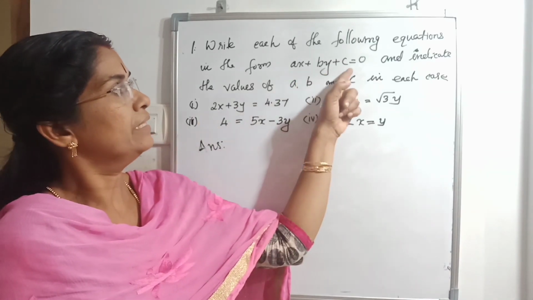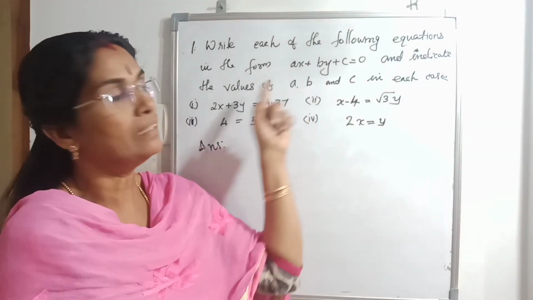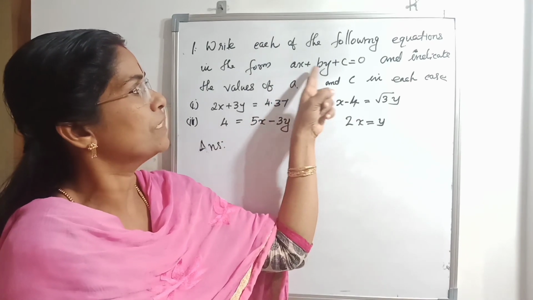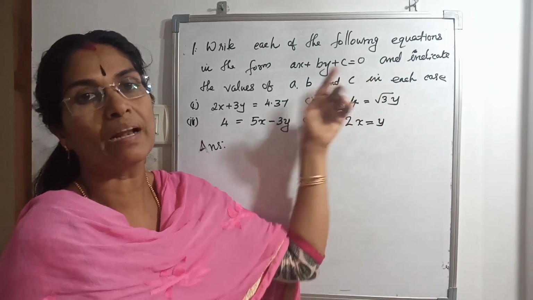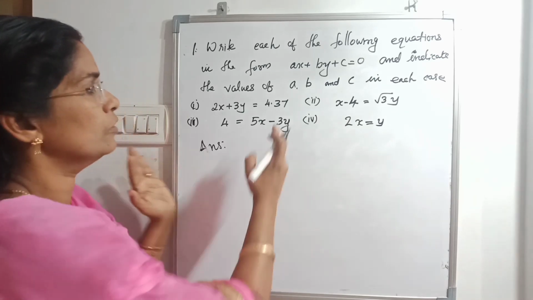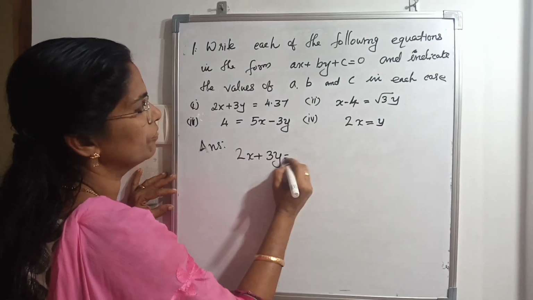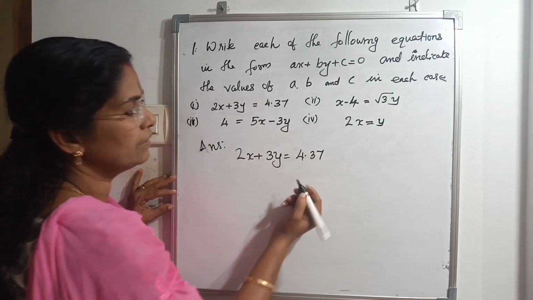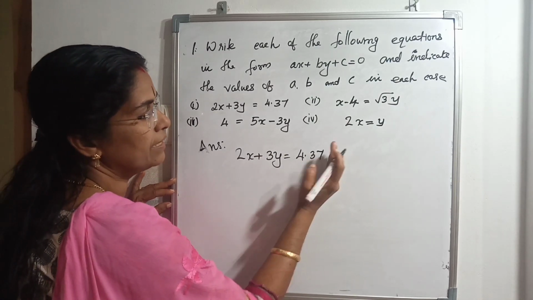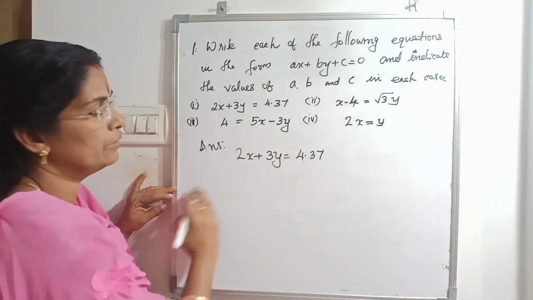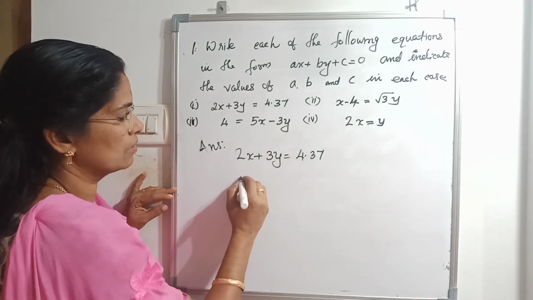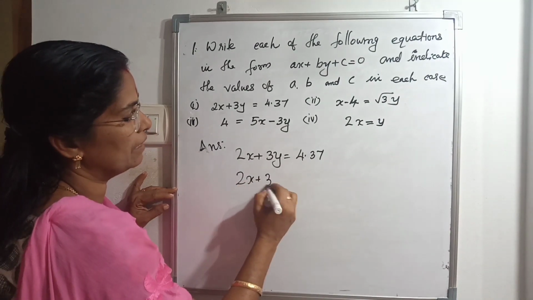In the above, we have to write it in the general form ax plus by plus c equal to 0. Right side should be 0. So, first you write the question itself. After that, change the right side number to the left side, just a transpose. That is 2x plus 3y.